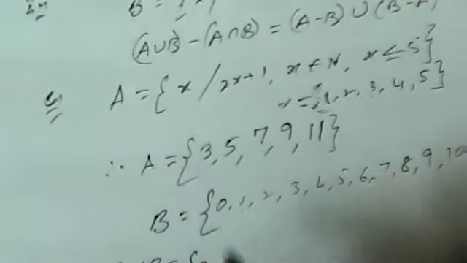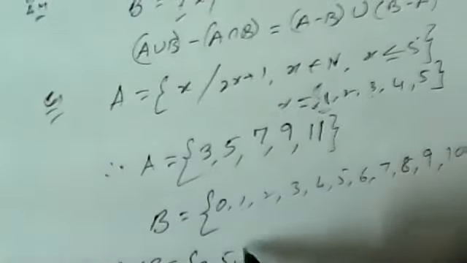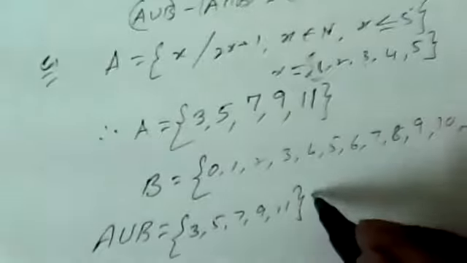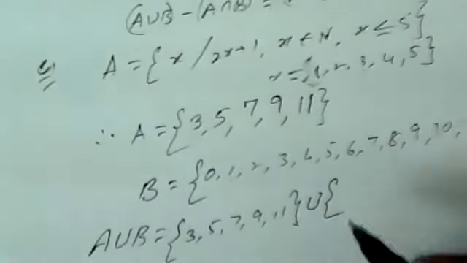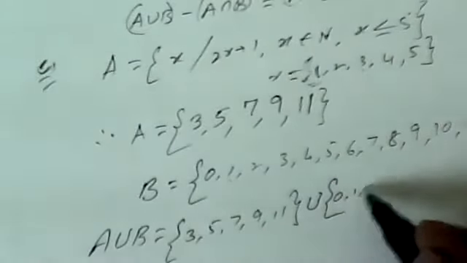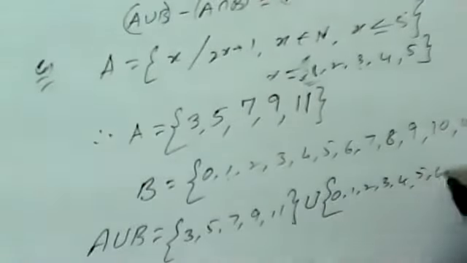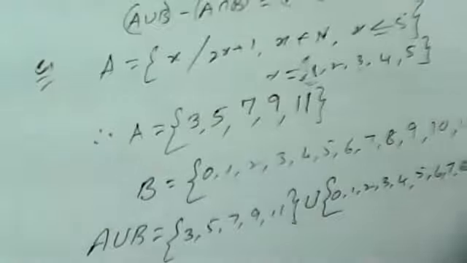Set of all elements that are either in A or in B or in both. This is 3, 5, 7, 9, 11. Okay. Union taken with 0, 1, 2, 3, 4, 5, 6, 7, 8, 9, 10, 11, 12.